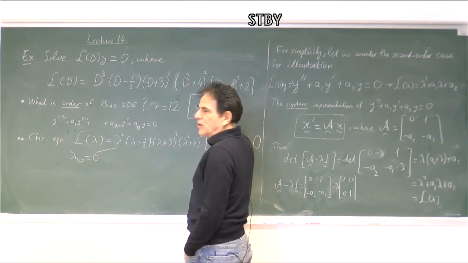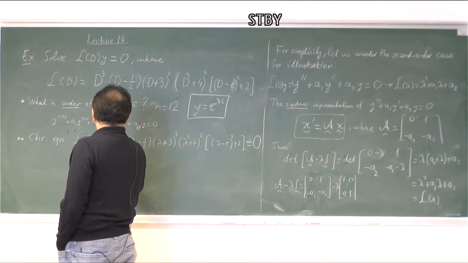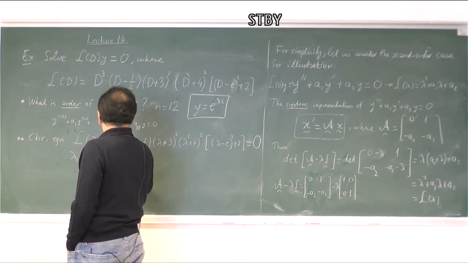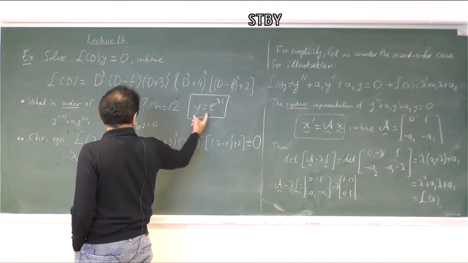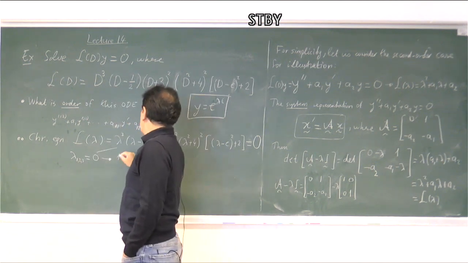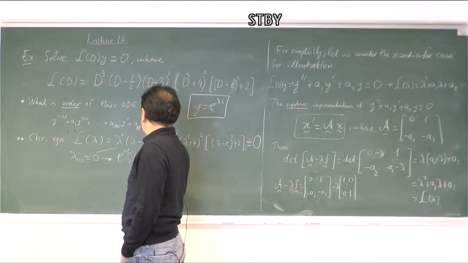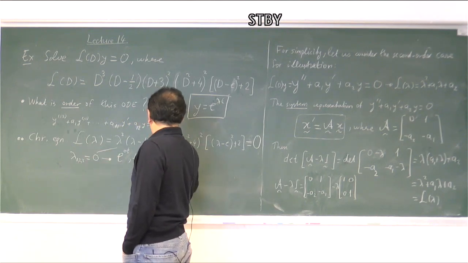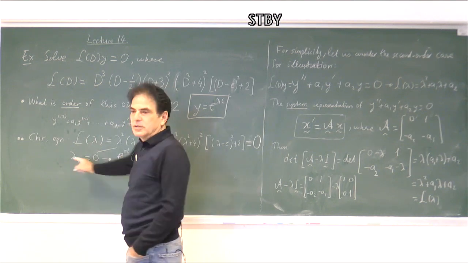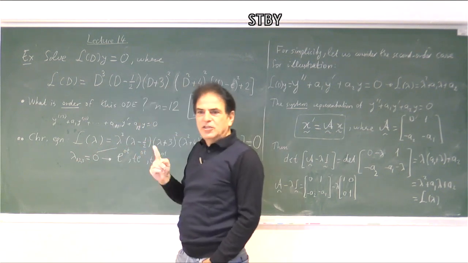So when lambda is 0, this becomes a constant. Okay? So from which we generate which solutions? It is a triple root, so e to power 0t is a solution, t times e to power 0t is a solution, and t squared e to power 0t, since k minus 1 is 3 in this case. These are 3 solutions corresponding to this root at 0, which repeats 3 times.